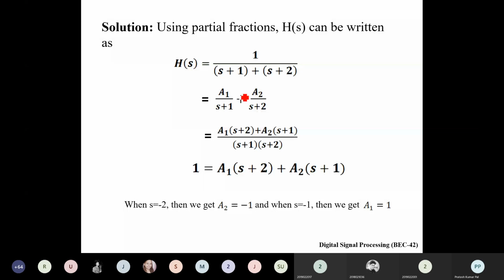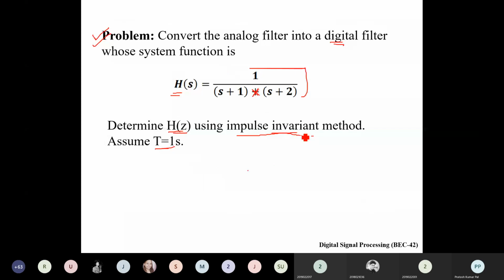If we need to convert it into a digital filter using the impulse invariant method, we should represent the analog filter transfer function in the form of 1 upon s minus p_i.